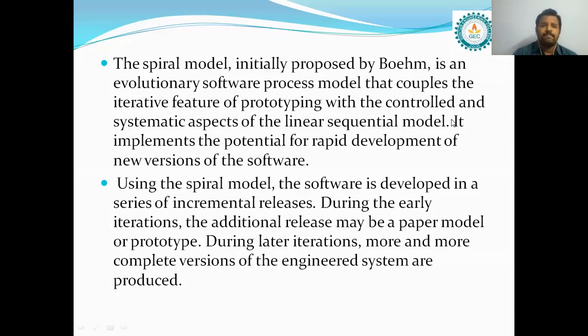We call it an evolutionary software model because it combines the features of the prototyping model along with the controlled and systematic aspects of the linear sequential model. So it is a combination of two models.